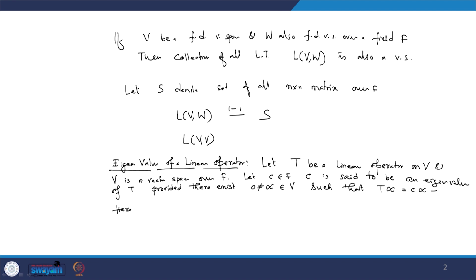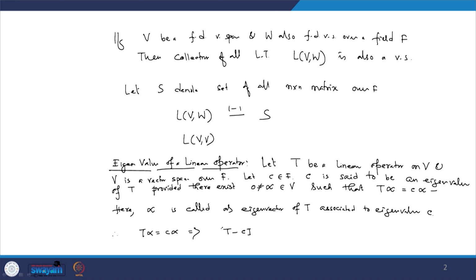Here alpha is called an eigenvector of T associated to the eigenvalue C. So, T alpha equals C alpha implies (T minus C times the identity operator on V) operating on alpha equals 0.